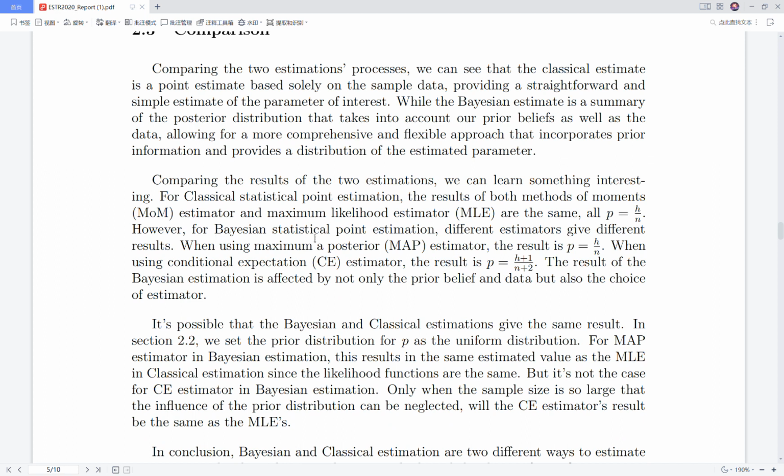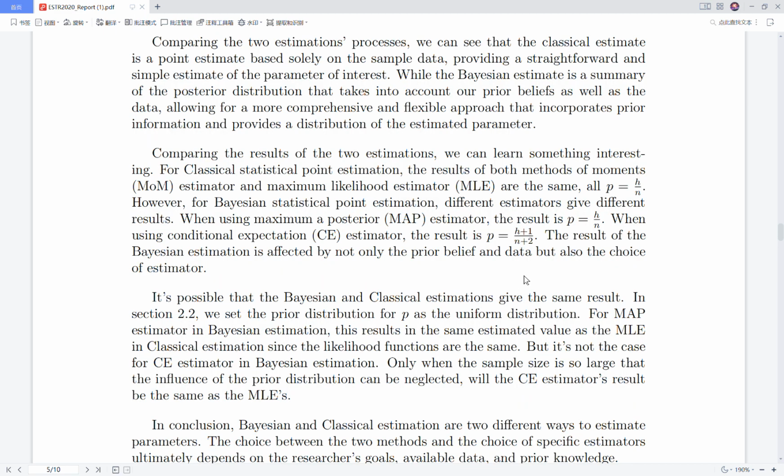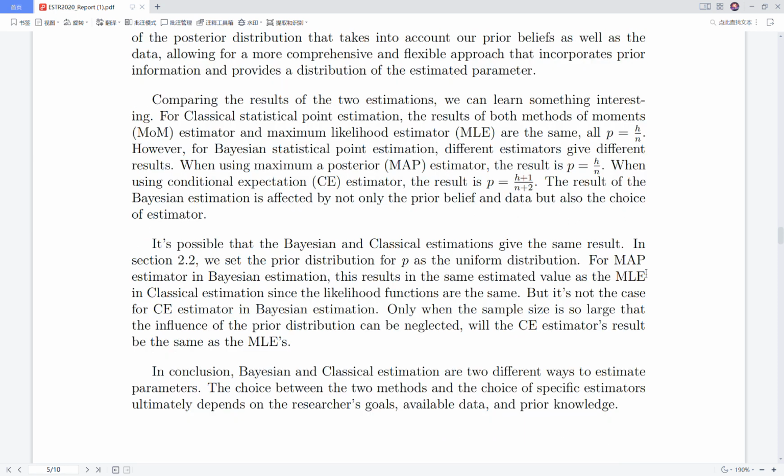However, for Bayesian point estimation, we got two different results. One of them is h over n for MAP, and the other is (h plus 1) over (n plus 2) for CE. So we can see that the result of the Bayesian estimation is affected not only by the prior belief and data, but also by the choice of estimator.